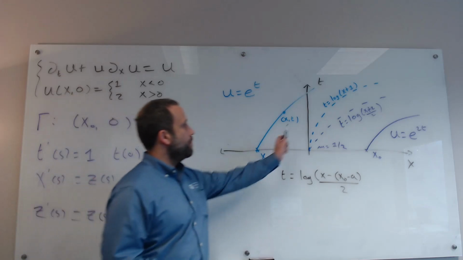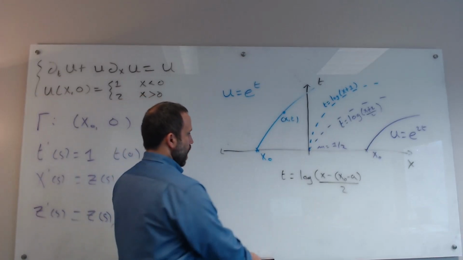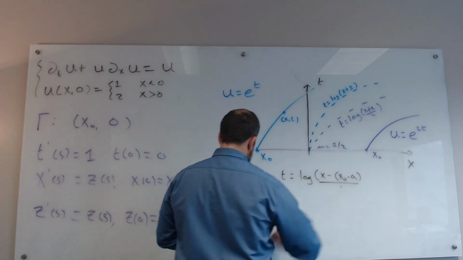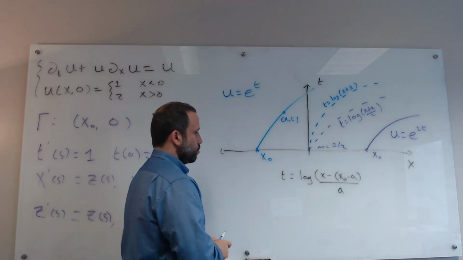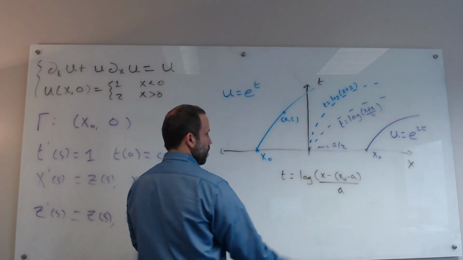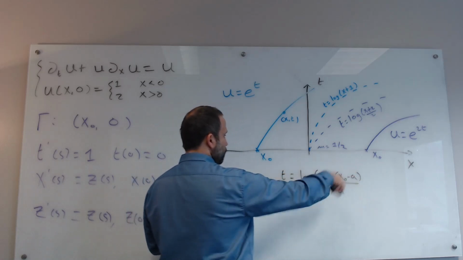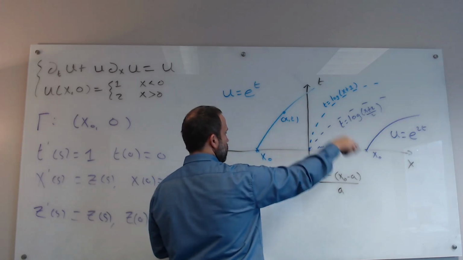Anyways, they both have this format here. Sorry, this should be an a. And now where x naught is equal to 0. So this is the generic form of the characteristics both over here and over here.